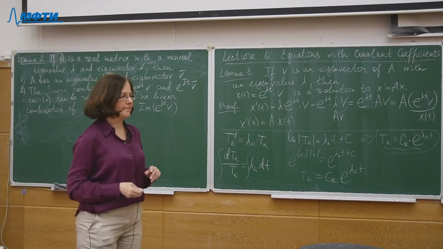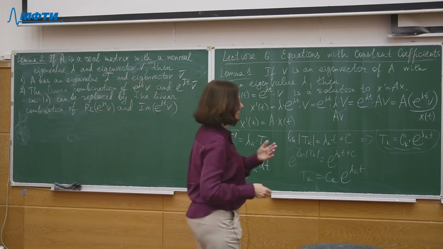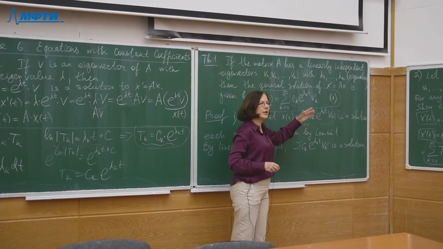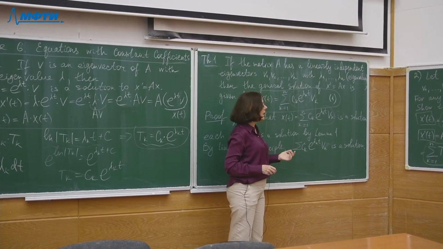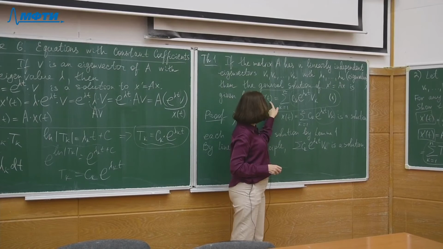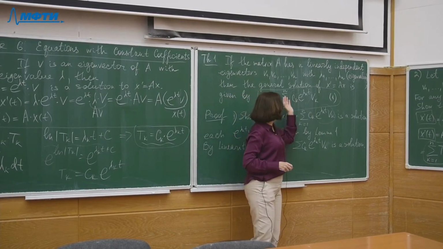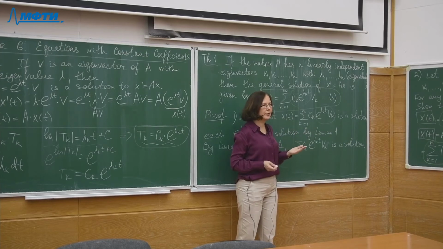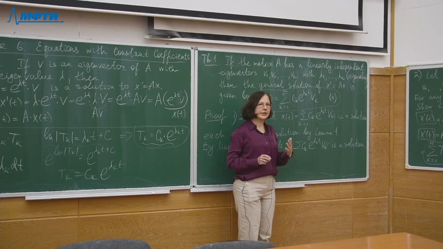So the problem is, suppose we have the complex eigenvalue lambda, so non-real lambda. Then we have a complex vector, a vector v with complex coordinates. A linear combination will give us a solution to the differential equation, but we want real solutions.